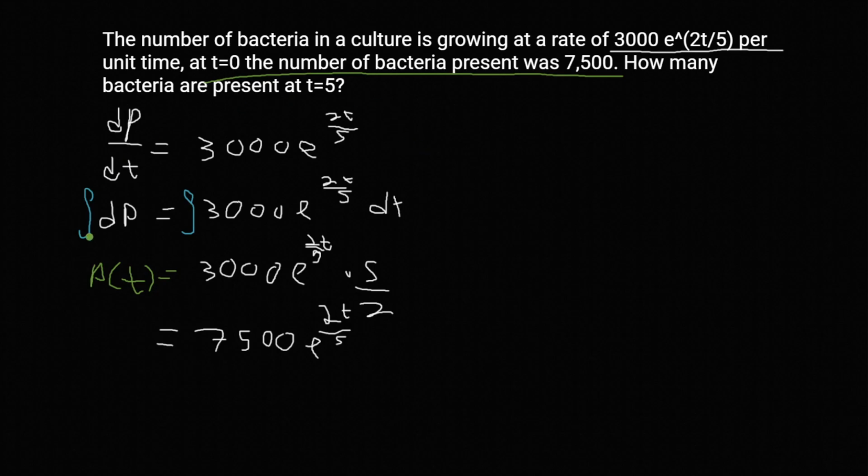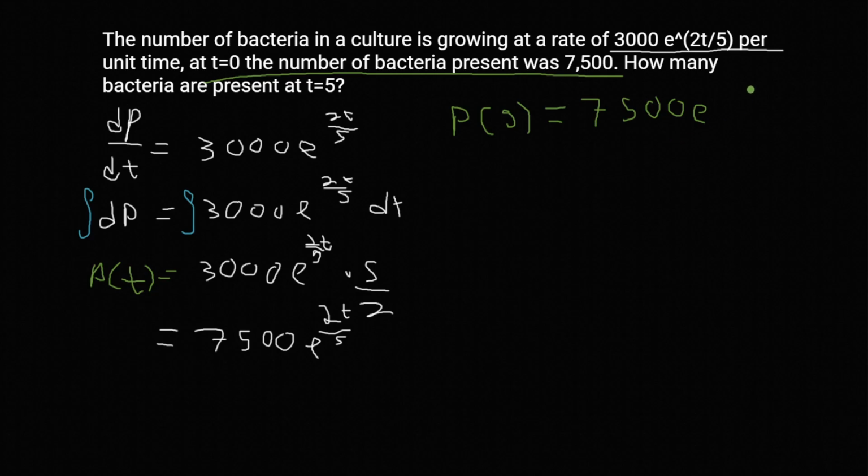So now we want p of 5. So p of 5, and so here that is just 7500. And now it's e to the 2/5 times t, but t is 5.